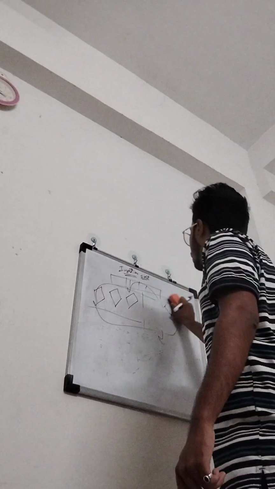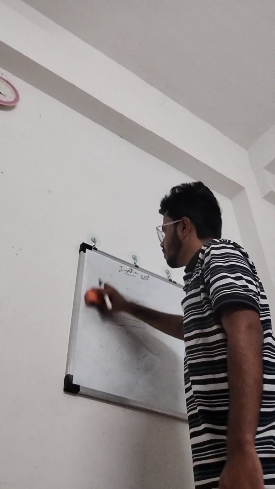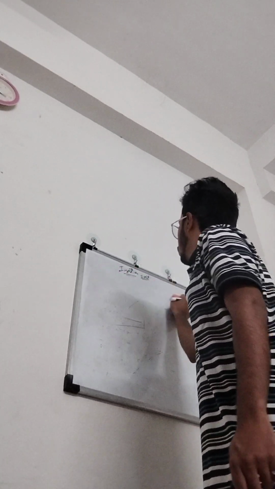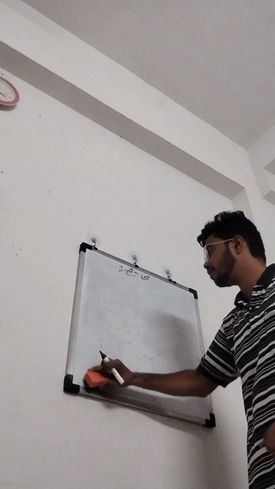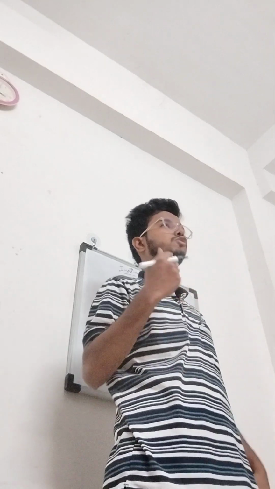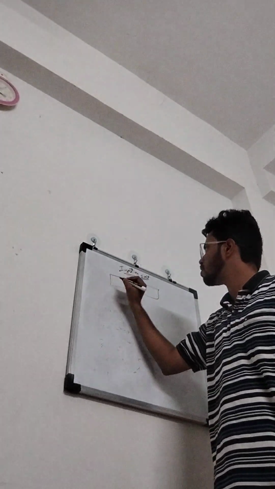Okay, so now let's see the basic thing behind this. From the algorithm perspective, basically the thing is you sort the array partially.